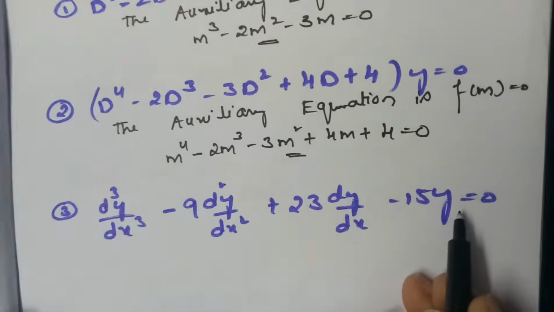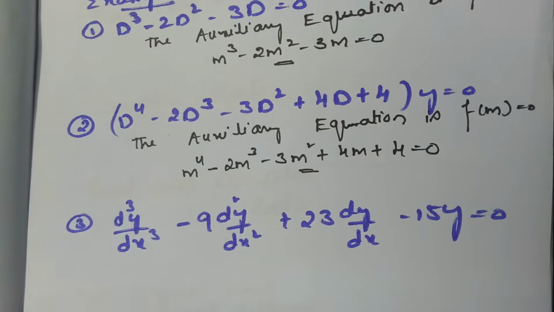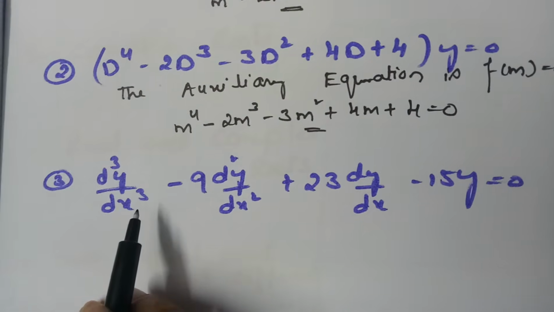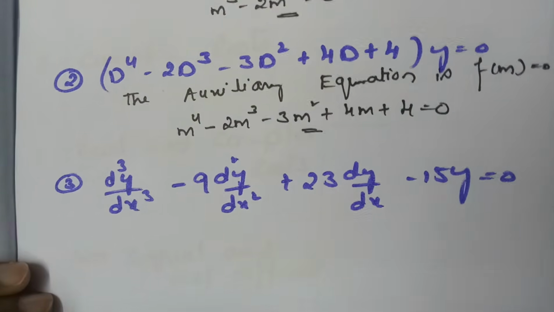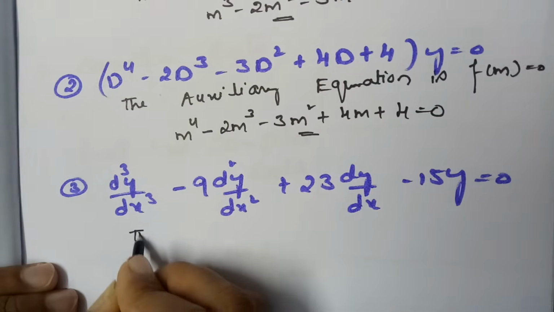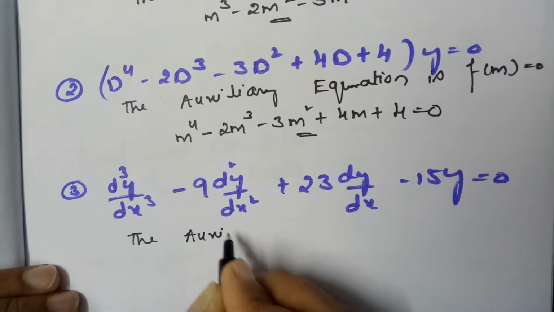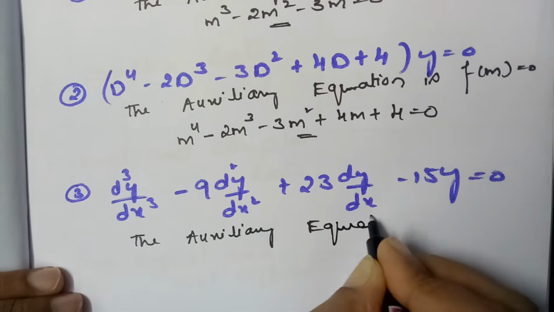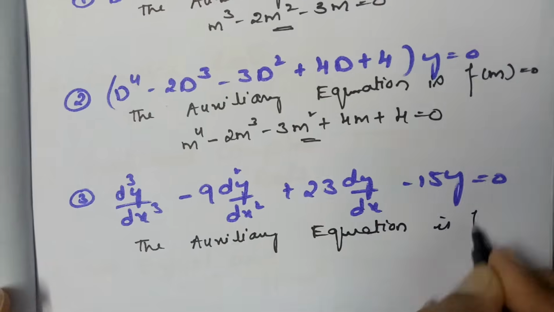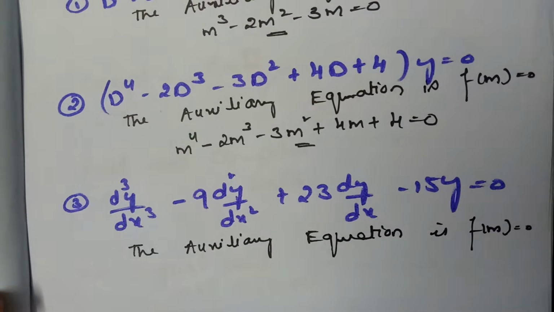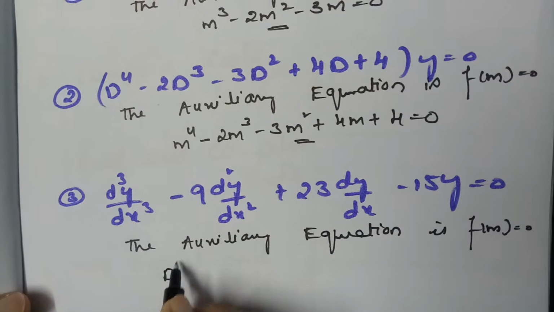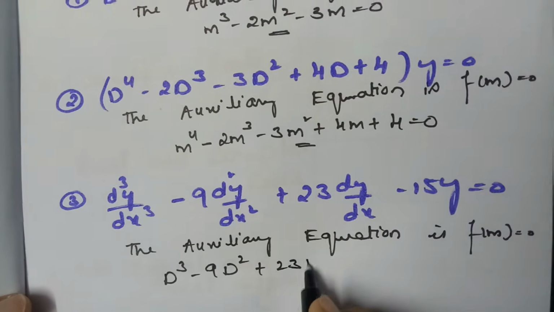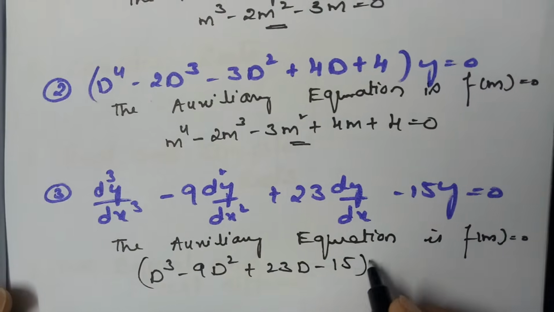So next, this is the question. By seeing the question you have to identify that this is a linear differential equation of order 3. So immediately you have to write the auxiliary equation. The auxiliary equation is again f of m equal to 0. The question is D cube minus 9D square plus 23D minus 15 of y is equal to 0.